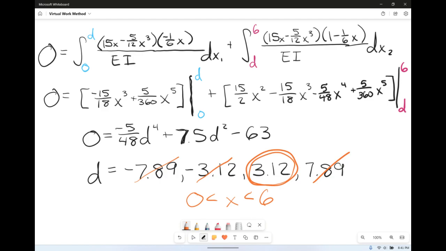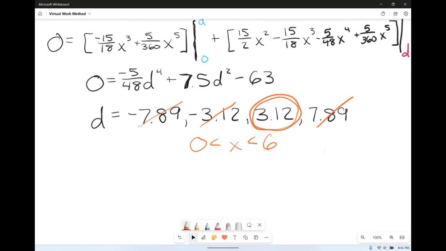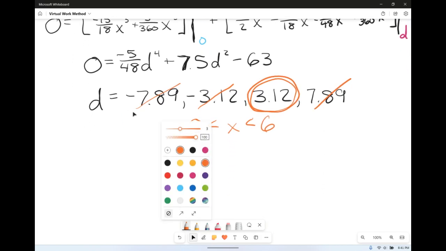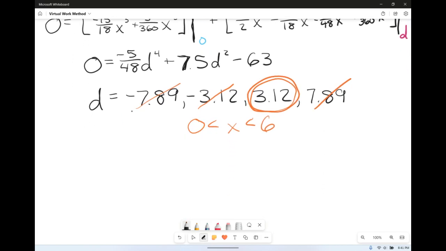So now that we have our distance to the deflection, we're going to analyze our beam all over again, but now we want to find deflection.